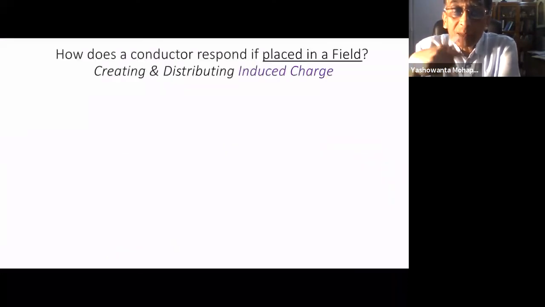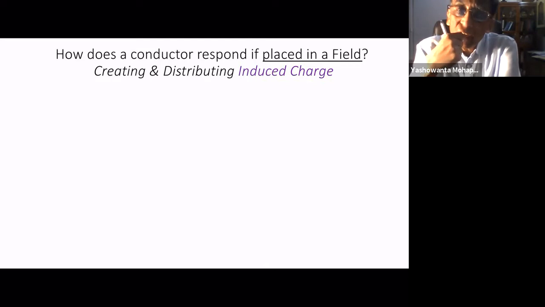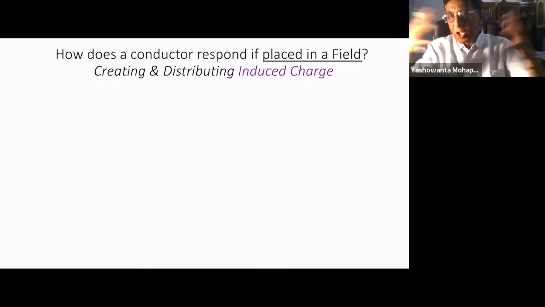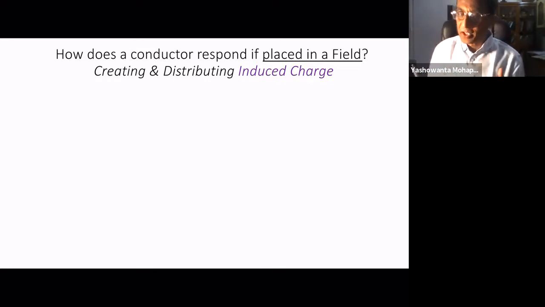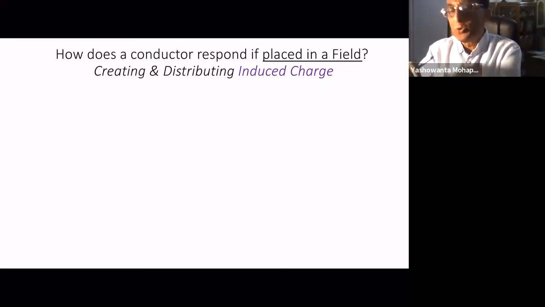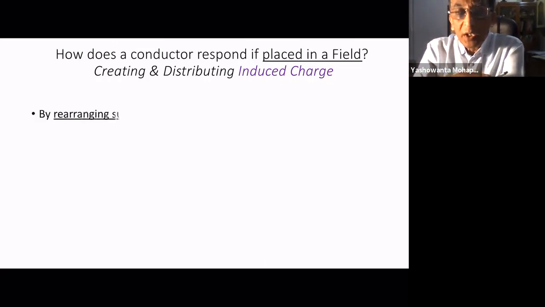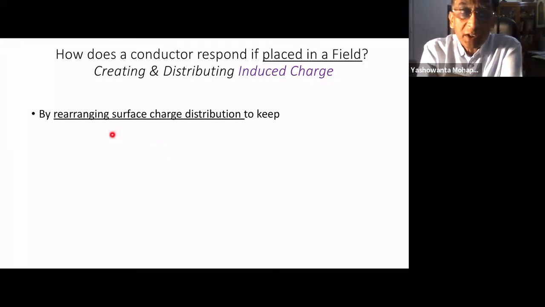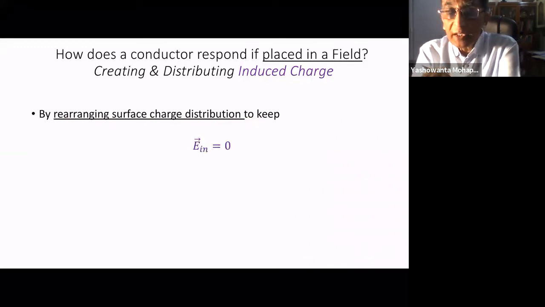Let's see, how does a conductor respond if placed in a field? That is, if you place a conductor in a field, how does it respond? It will change its charge distribution, and that is called induced charge. It responds by rearranging the surface charge distribution. How? Such that it knows that it has to keep the inside zero.